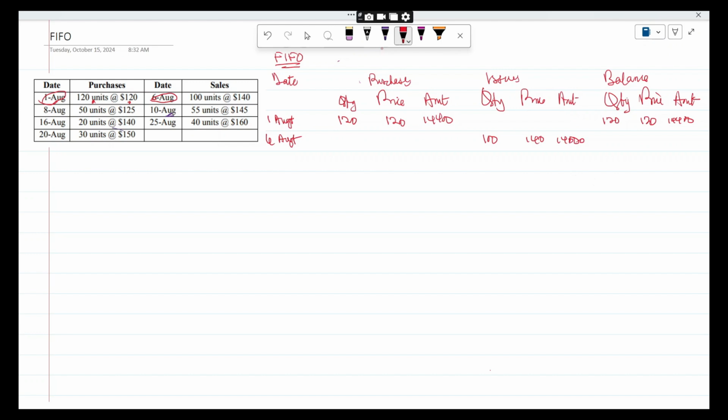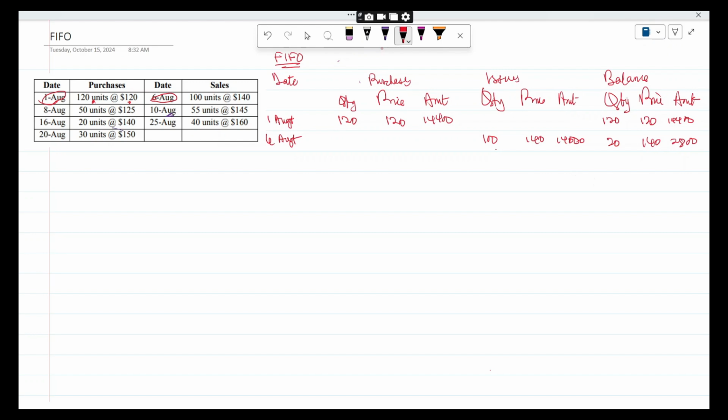So here, under the issue, we are going to subtract the issues from the balance. So 120 minus 100 will give us 20, then 140. So 20 times 140, that is going to give us 2,800.